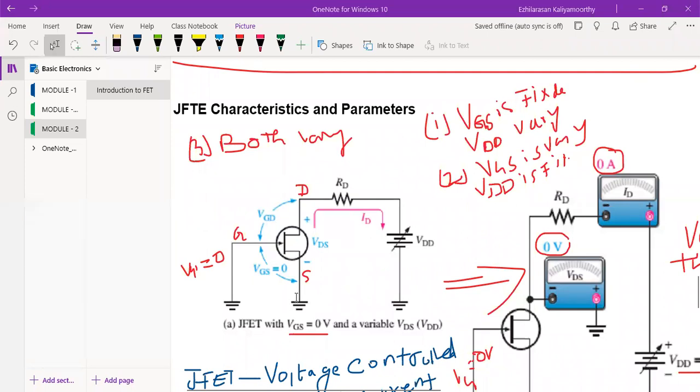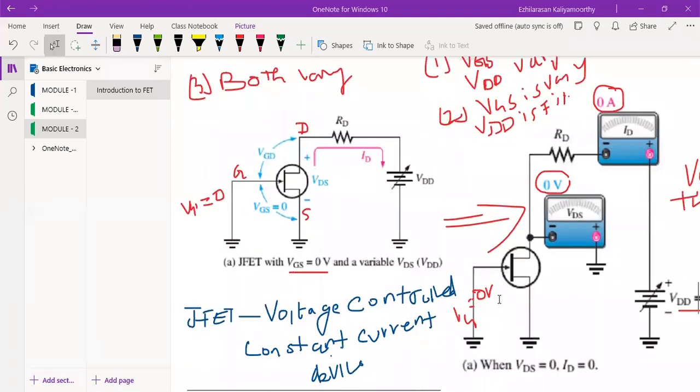Now here, first case, we're applying VGS equal to 0. When VGS is equal to 0, at the same time we're making VDD also 0 initially. The VGS is 0, VD is also 0. If there is no input voltage, then the device will not be turned on. If the device is not turned on, then there will not be any current also.